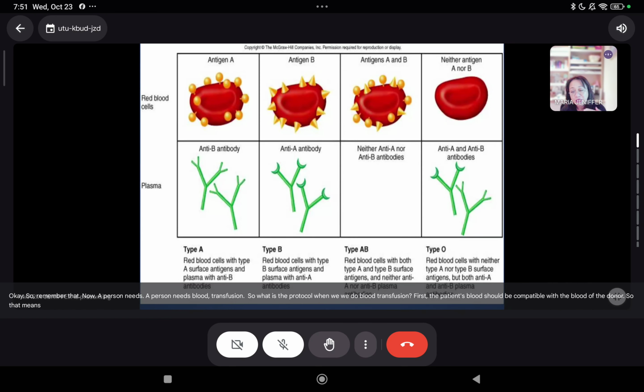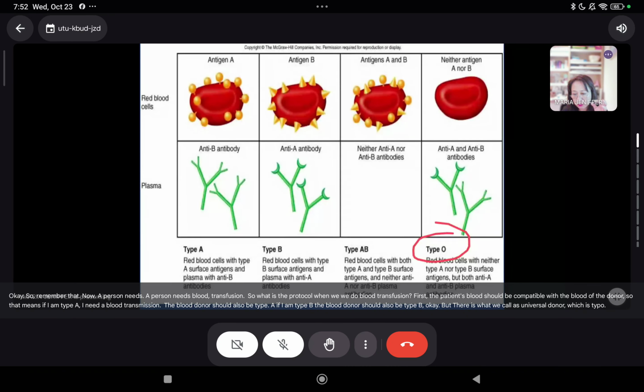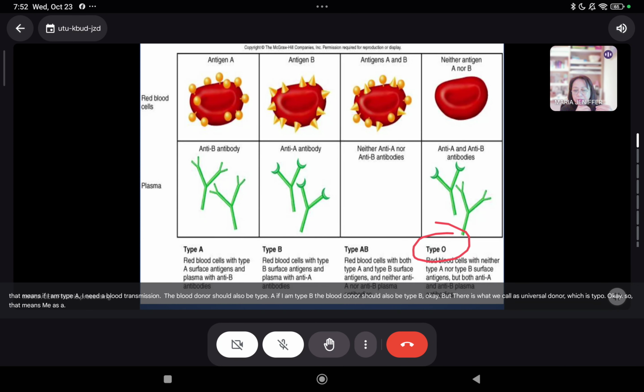So that means, if I am type A and I need a blood transfusion, the blood donor should also be type A. If I am type B, the blood donor should also be type B. Okay, but there is what we call the universal donor, which is type O. Okay? So that means, me as a type A or type B or type AB, I can receive type O.